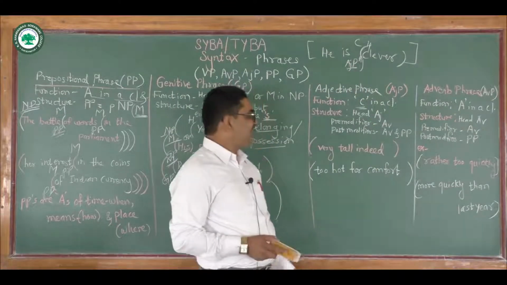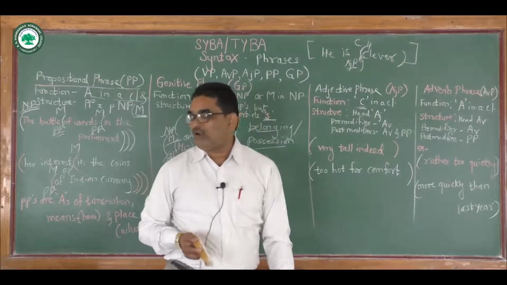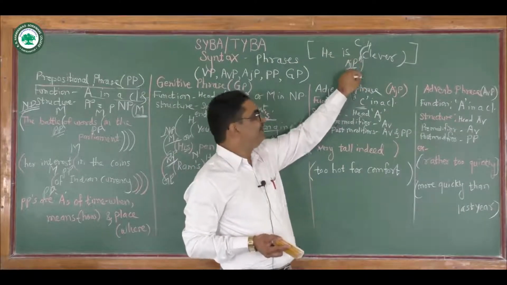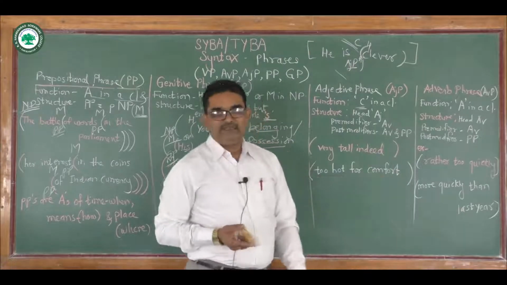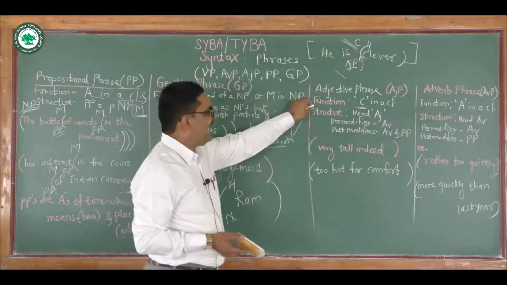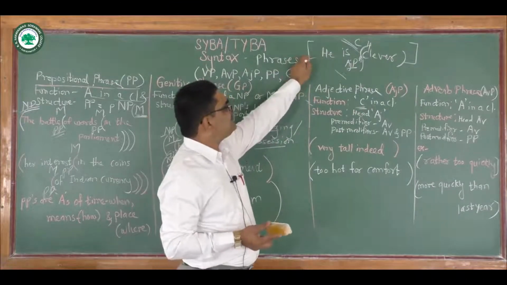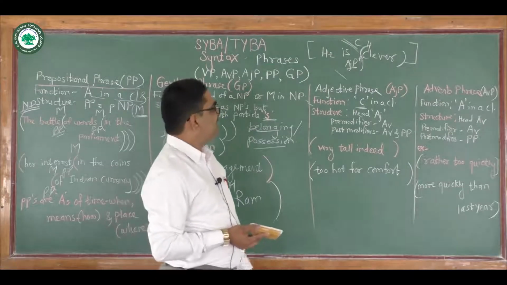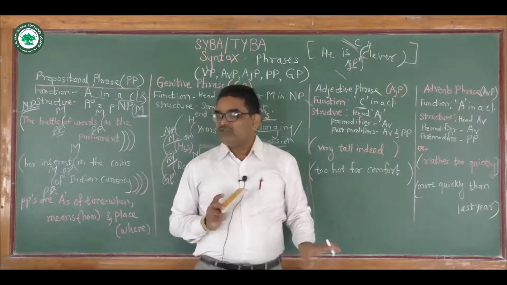So clever is an adjective, and in a clause the adjective phrase functions as a complement. That is what I wanted to explain. We can give any number of examples, but this is the main clause, and in this main clause the adjective phrase functions as a complement.